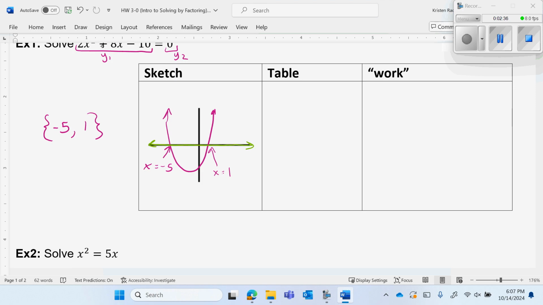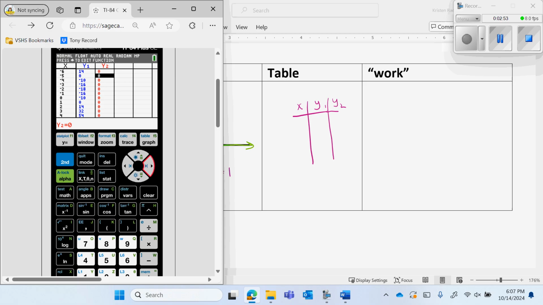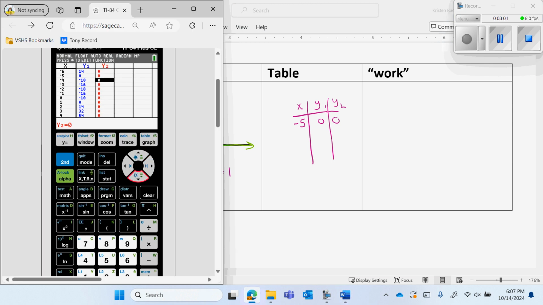Now, we could also see these on a table. Remember, your solutions are when your y values are the same. So if we go to the table, I have my y values are the same at -5, and my y values are the same at x equals 1.